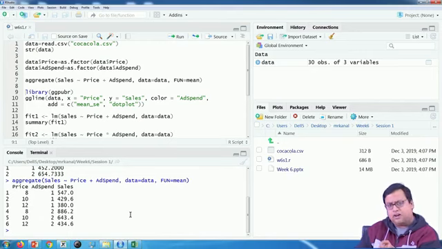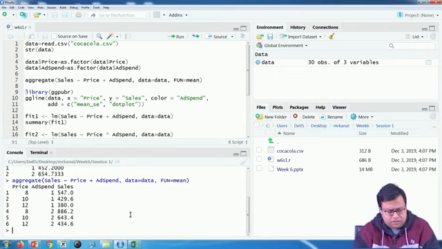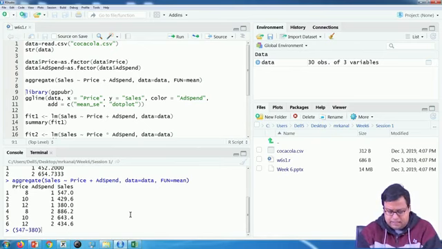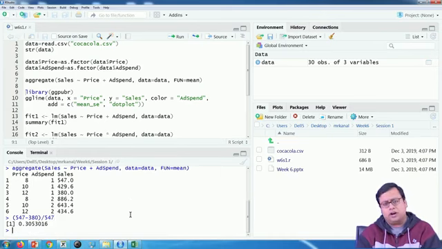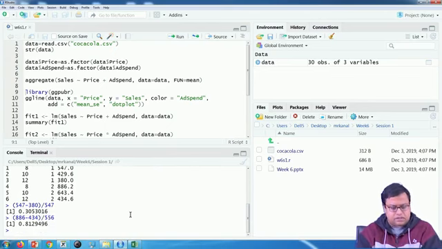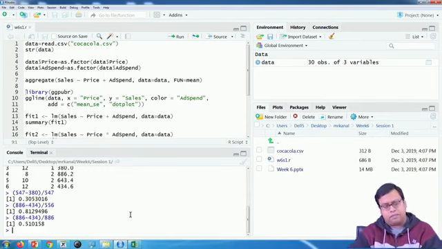So, 547 minus 380 divided by 547 is a 30% drop for the first case. But in the second case, 886 minus 434 divided by 886, it is almost a 51% drop.